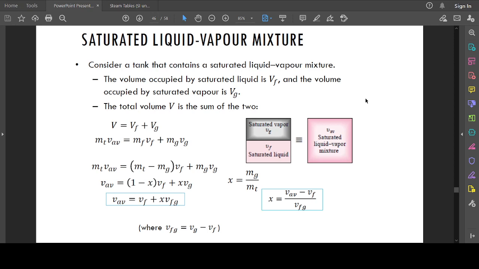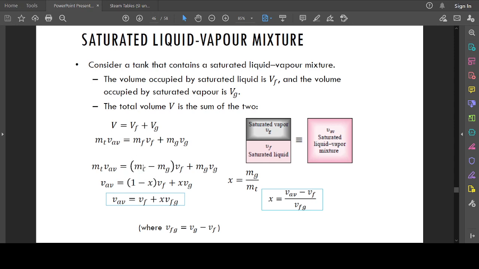From the knowledge of the quality, which we've already described in the previous slide, we said that x is equal to the mass of the gas over the total mass of the saturated liquid-vapor mixture, right? Now, in this equation, we can make Mf the subject of formula in order to get rid of Mf.